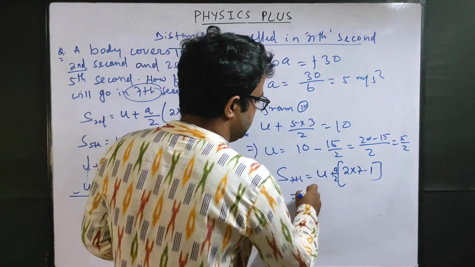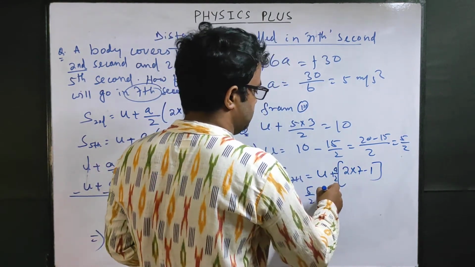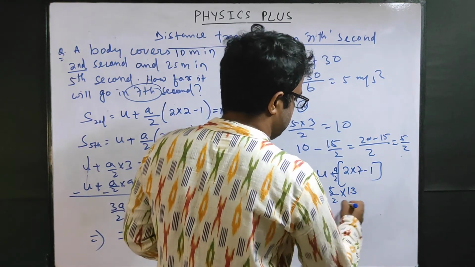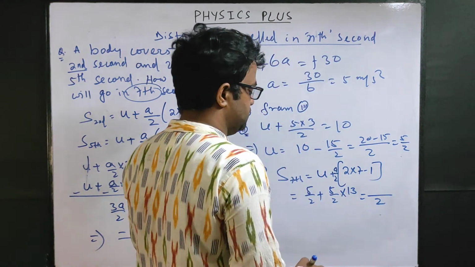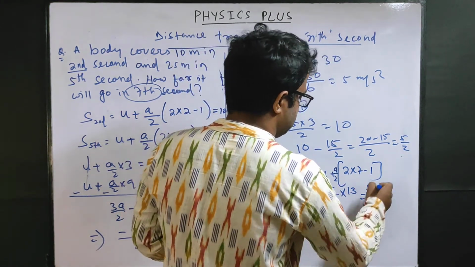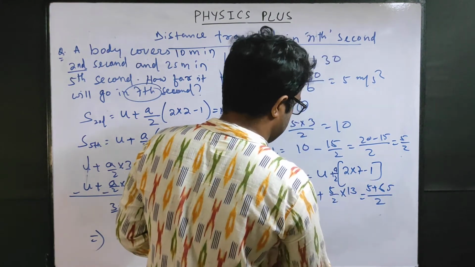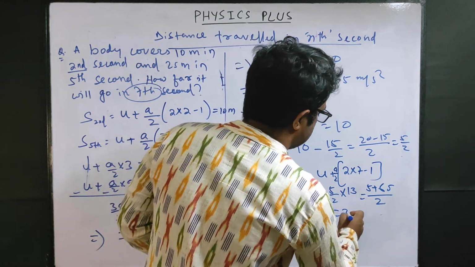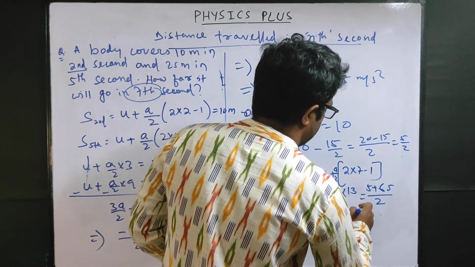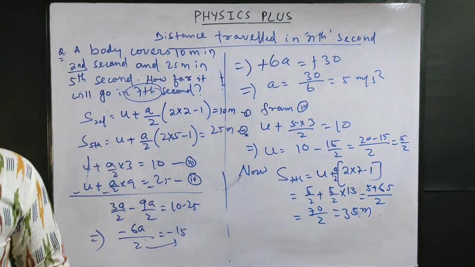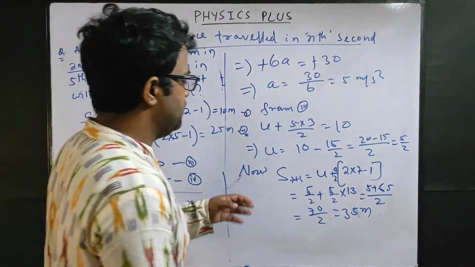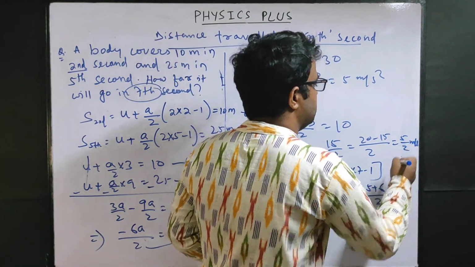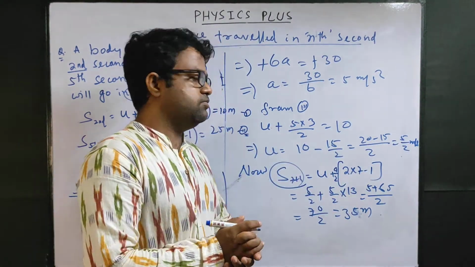So u is 5 by 2 plus a is also 5 by 2, into 14 minus 1, which is 13. With LCM 2, this is 5 plus 65, so 70 by 2, that is 35 meter. The initial velocity u is 5 by 2 or 2.5 meter per second.